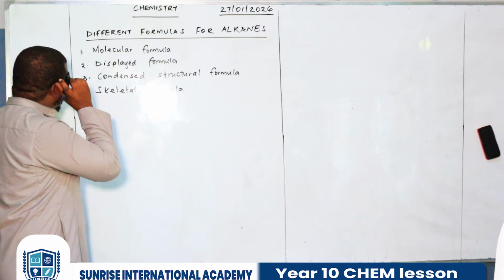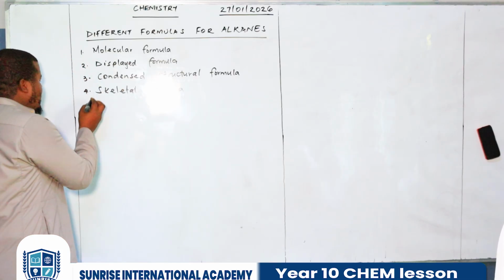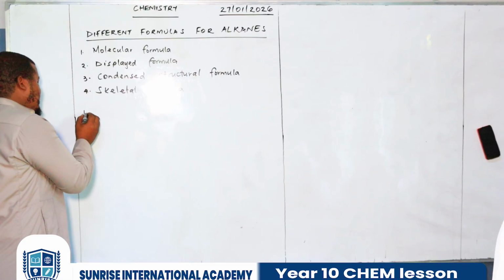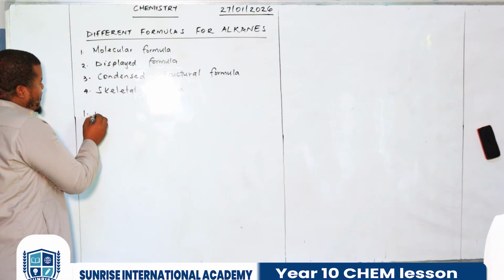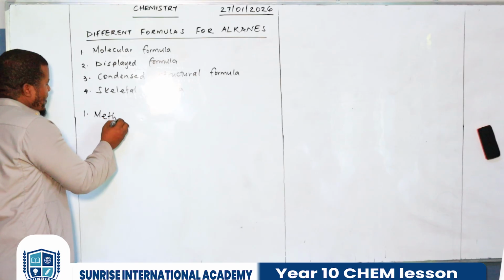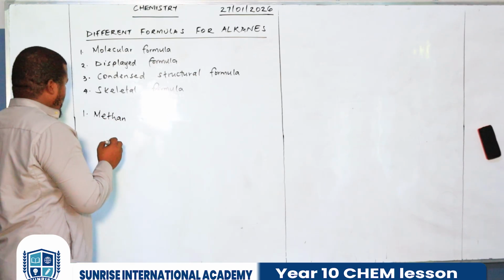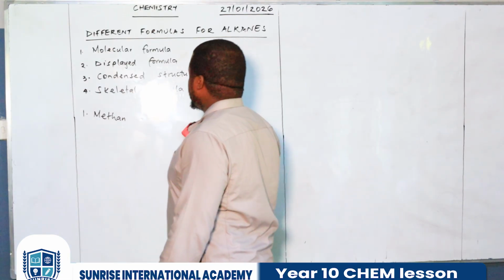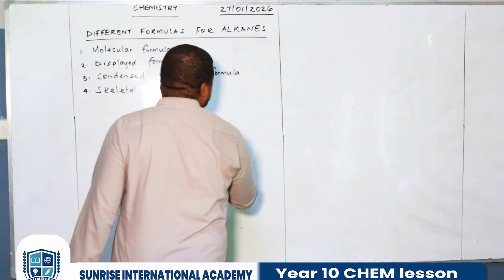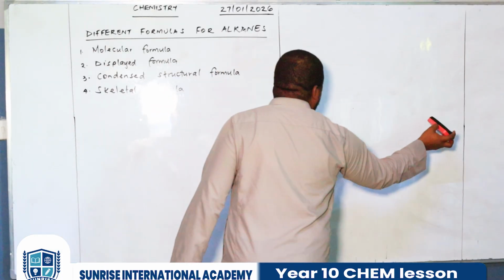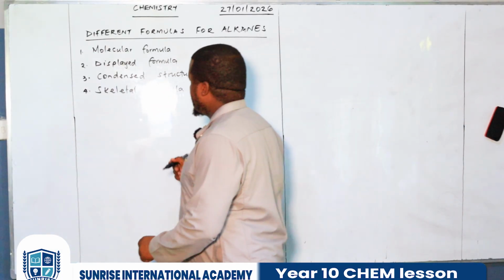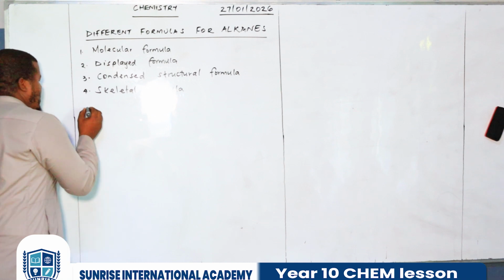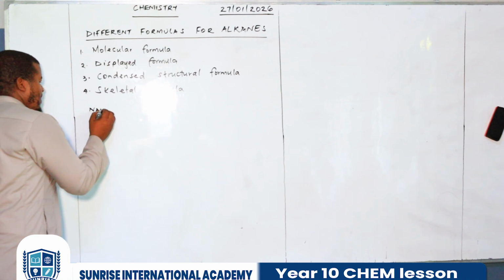So let's begin by looking at the first member of the alkanes, which is methane. Okay, maybe here is how I want us to do it. Let's have the name here.